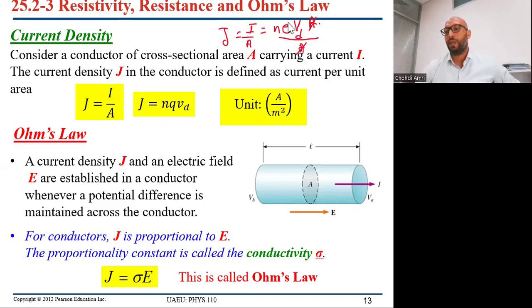This is when we talk about electrons. In general, it's equivalent to N Q V_D. Its unit is ampere per meter squared.